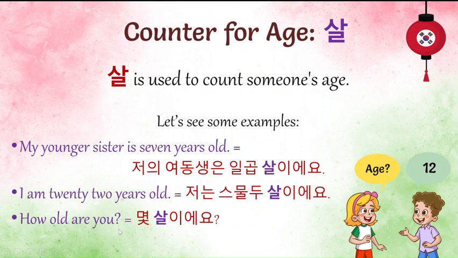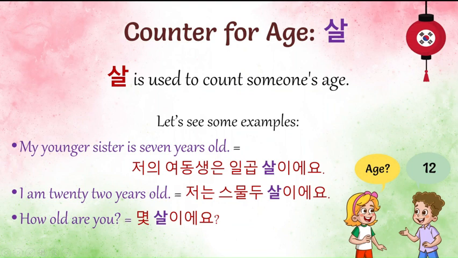Next and very important sentence. How old are you? This is a very commonly asked question when you are talking to someone who is your friend or some stranger or someone you know, and you're asking, how old are you? So you should know how to say this particular sentence or question in Korean language. And it's very easy. 몇 살이에요?